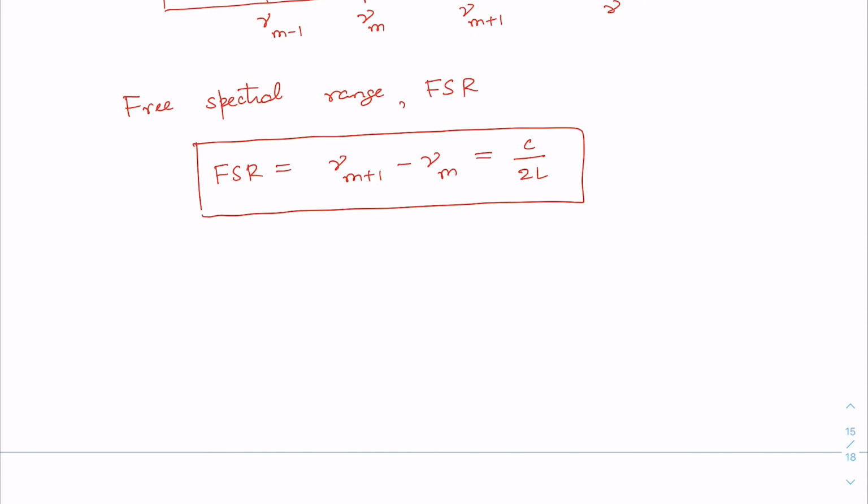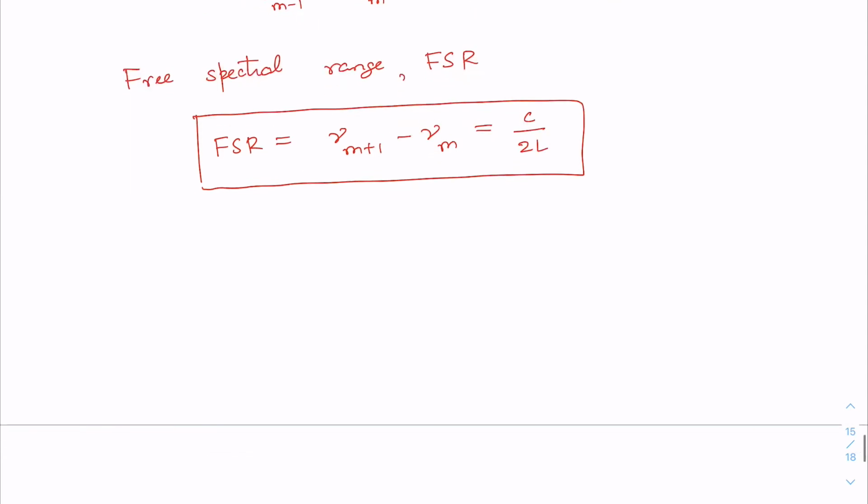Now real cavities involve some loss of light on each round trip, and this loss actually damps the amplitude in the cavity. So let us consider this cavity again.